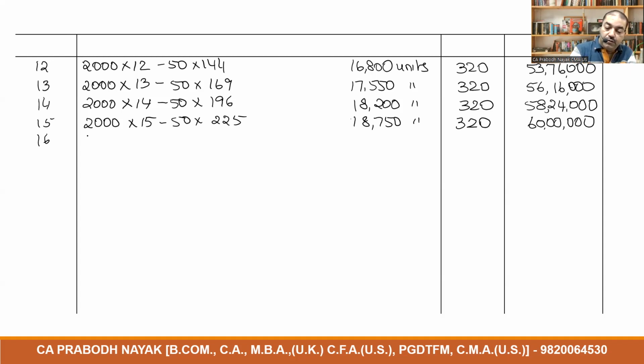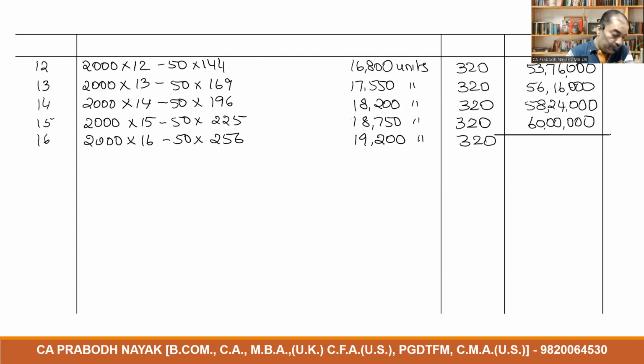Month number 16. 256. 19,200. Now we are closer towards 20,000. Keep a track. 61 lakh 44,000.